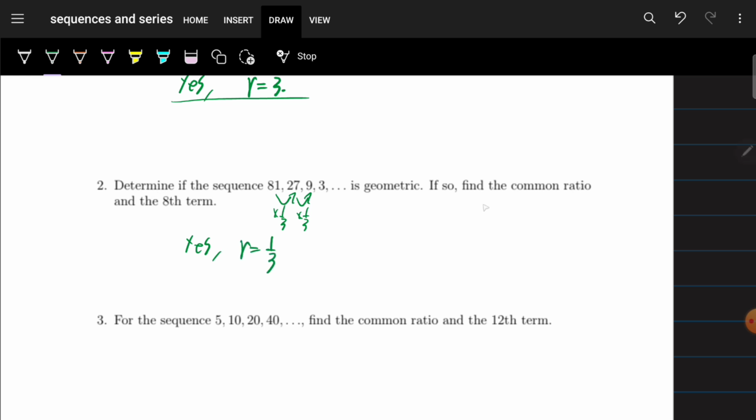And it also says to find the 8th term here. So we're going to use our nth term formula. To find the 8th term, we take the first one, multiplied by the common ratio of 1/3, raised to the power of 8 minus 1. So a8 is equal to 81 times (1/3) to the power of 7.